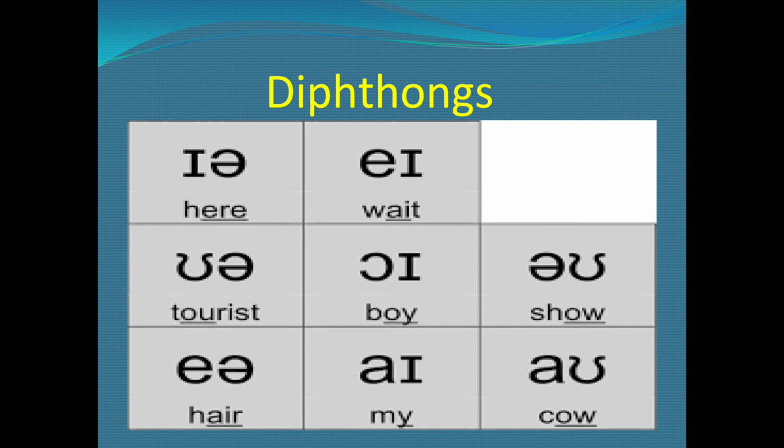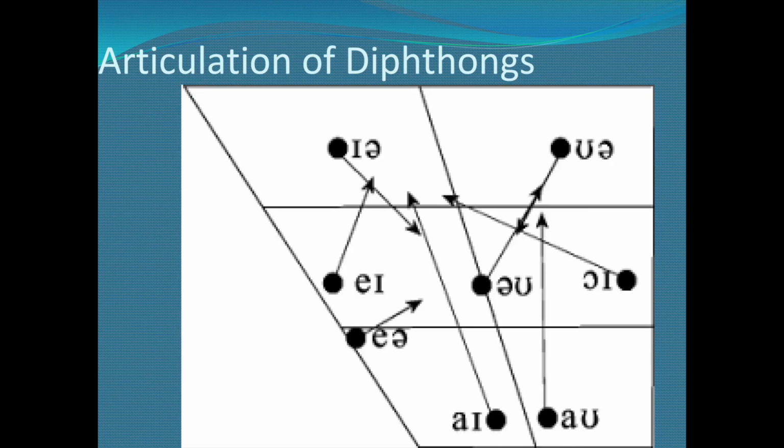Wait, boy, my. Now we have 2 more diphthongs which end with the o sound, like in cow. Show, cow. So let us describe each one in detail. In this picture, you can see the arrow mark. The arrow mark indicates the movement from one position to another, where it is starting and where it is ending.